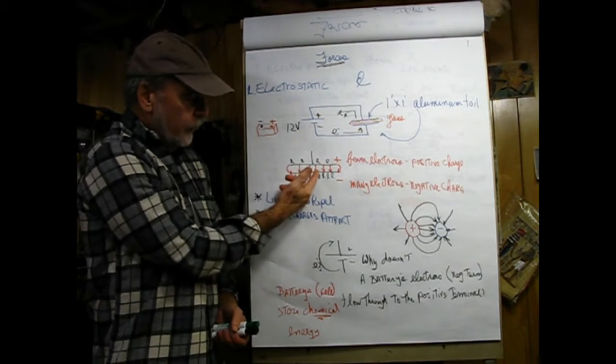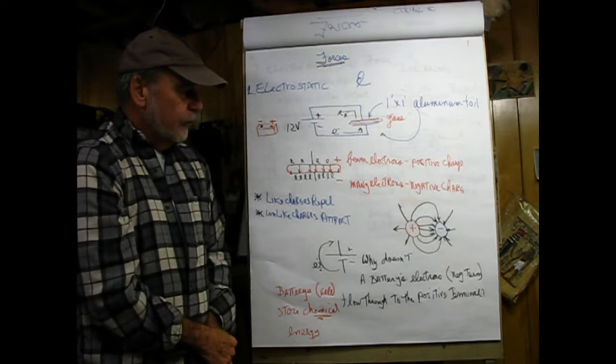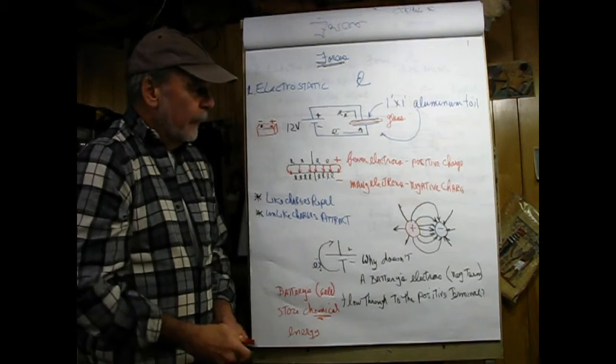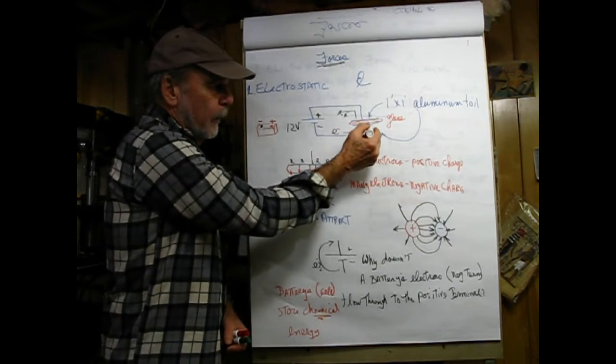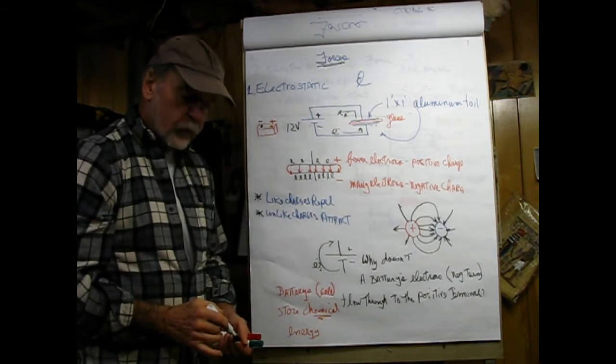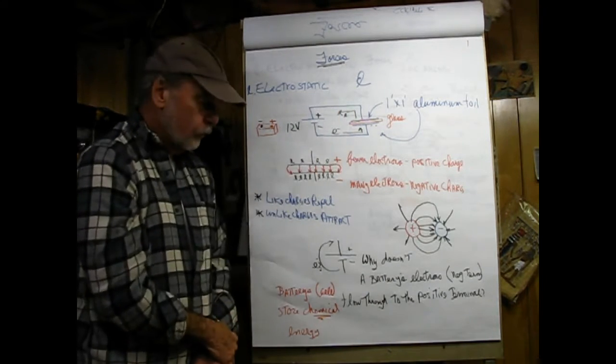So here we have our two plates, and I've not shown the glass inside of it, and the field it sets up because of the difference in electrons, where after the circuit's closed we have an abundance of electrons here and a few missing at the top. So it's not evenly distributed between both of these plates.